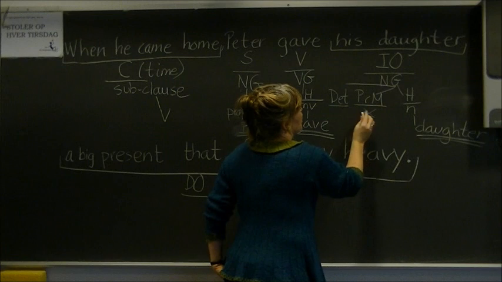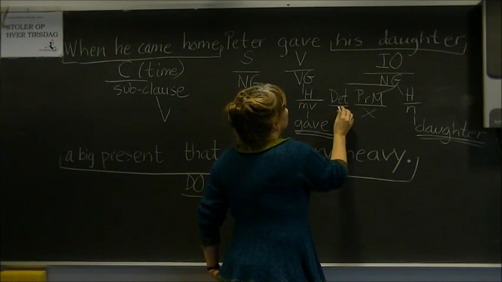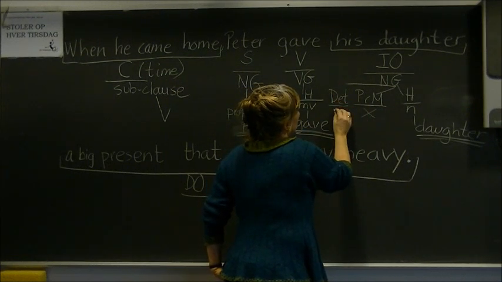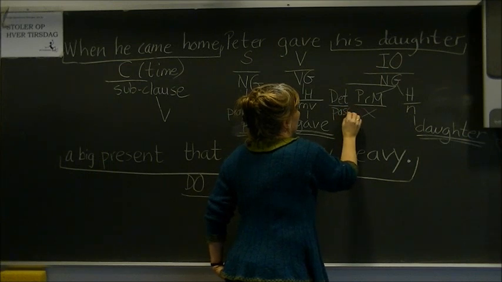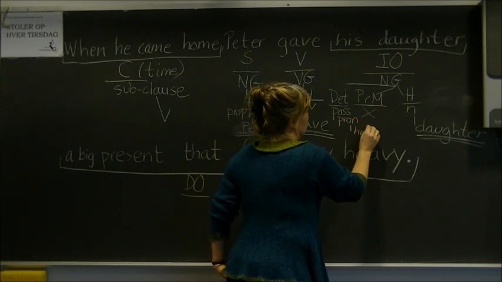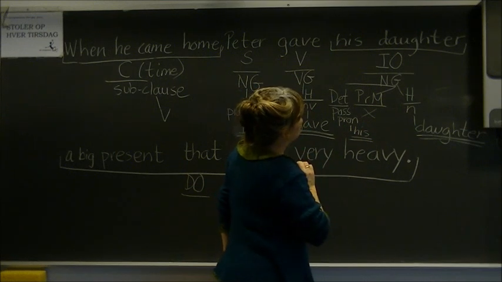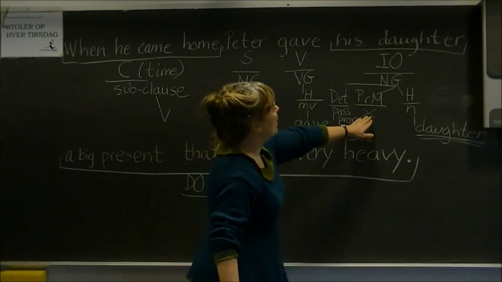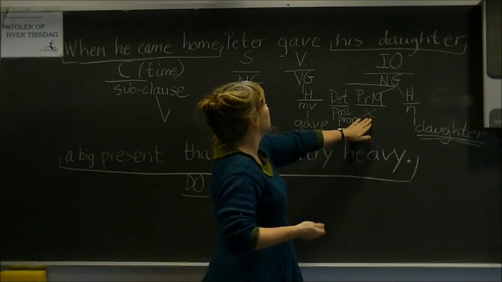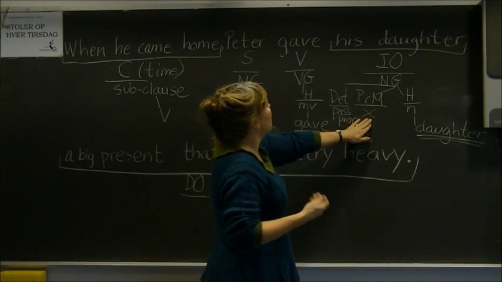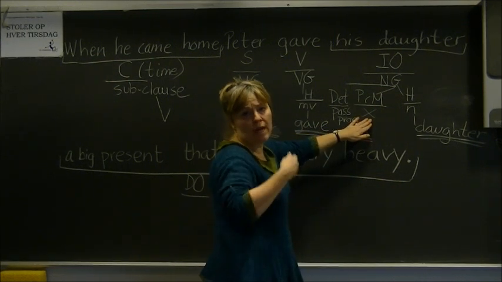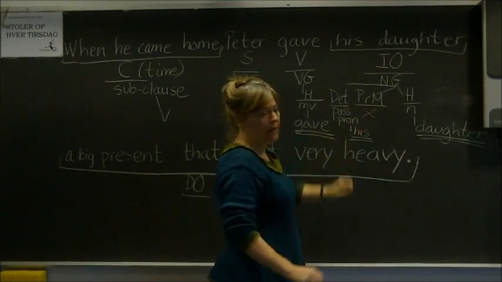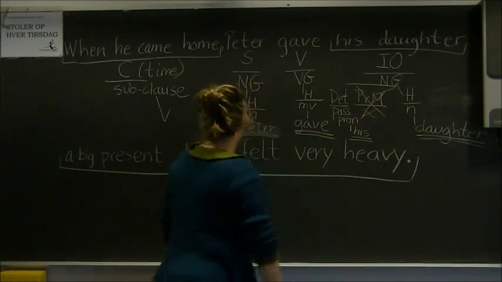So the pre-modifier is empty here, and the determiner consists of a possessive pronoun, his. And then we're done with that. If I had wanted a pre-modifier, for example, it could have said, gave his beautiful daughter, gave his young daughter, something like that. But in this case, it's empty.